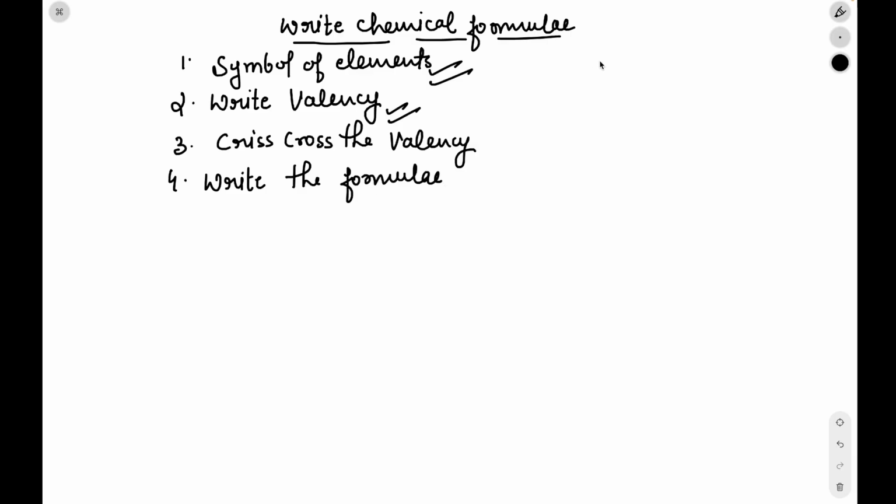For example, if you want to write the chemical formula of magnesium chloride. In the first step, you have to write the symbol of the element. The symbol of magnesium is Mg and the symbol of chlorine is Cl.